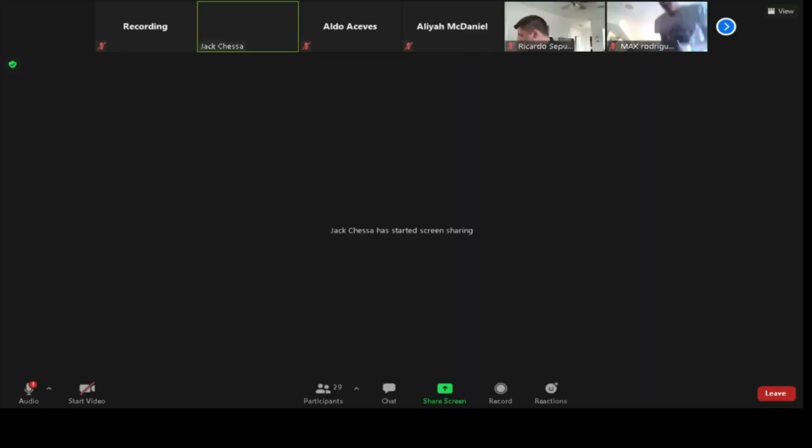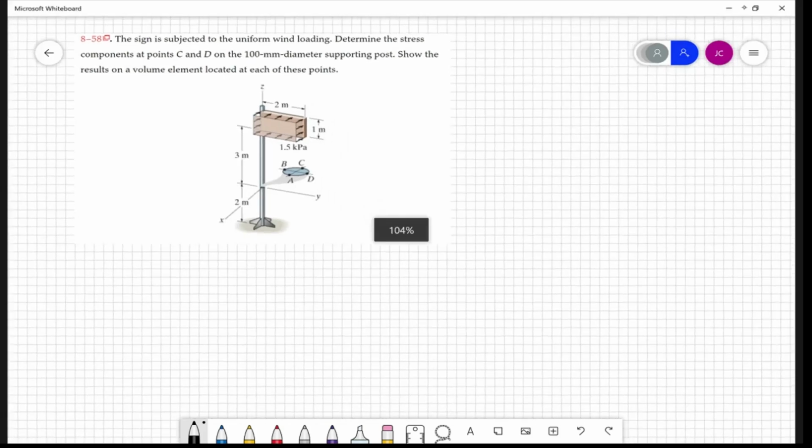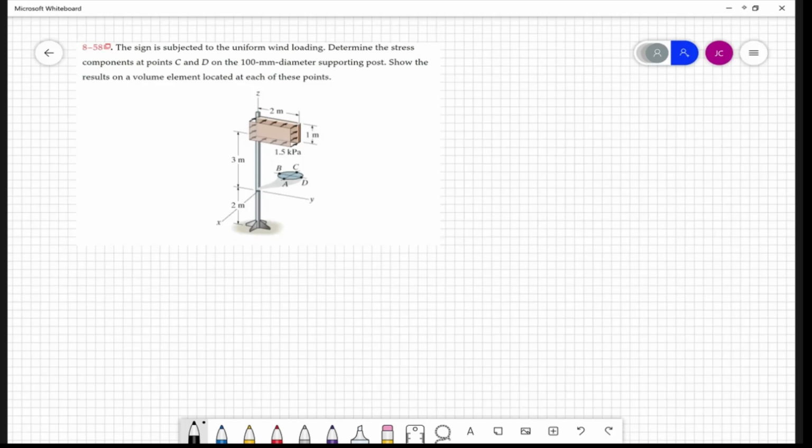So if there's nothing else, the first one I wanted to do is problem 8.58, which is again a pretty typical problem here. I think there's like 3 variants of this in the textbook, and almost every textbook has some variant of this sort of street sign problem, right? So here is what you might see driving down I-10.